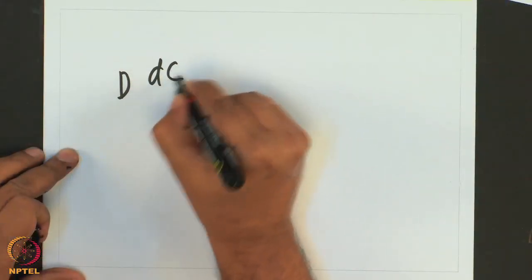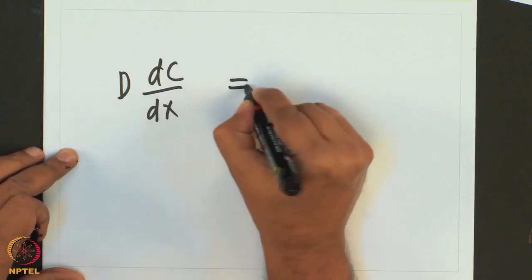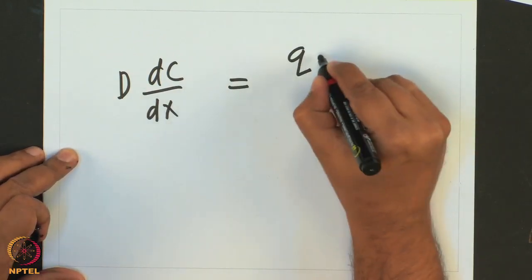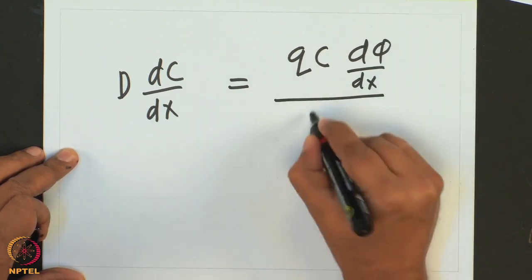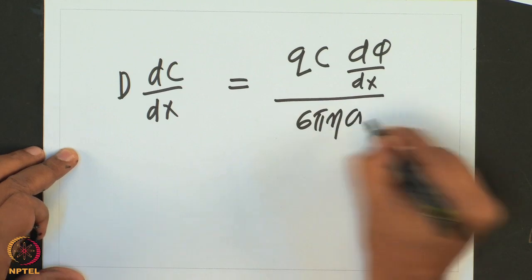So what do we want? We want D dc by dx equal to q c d phi by dx divided by 6 pi eta a.